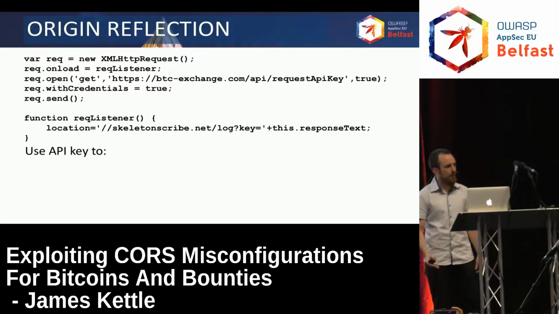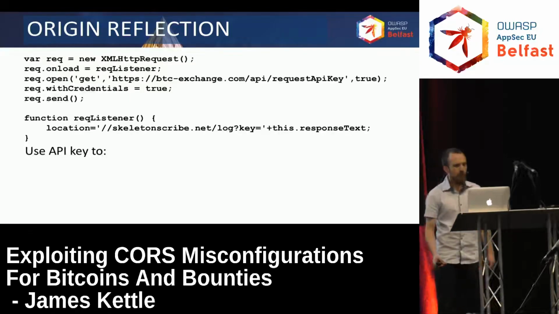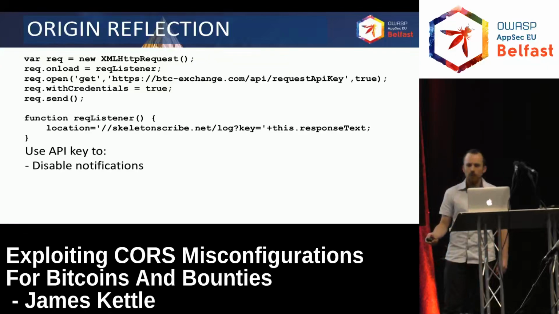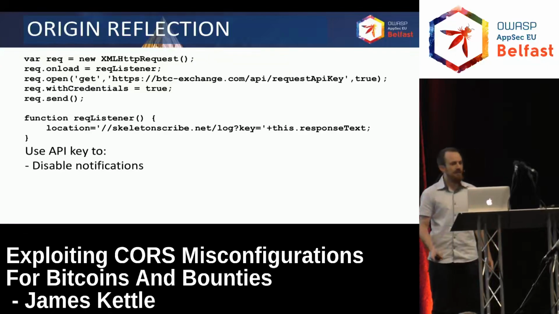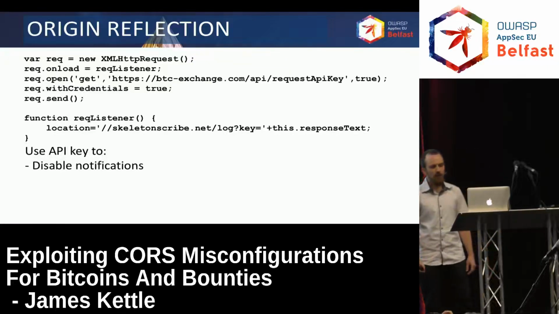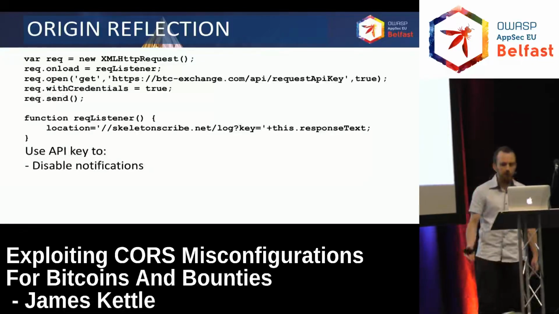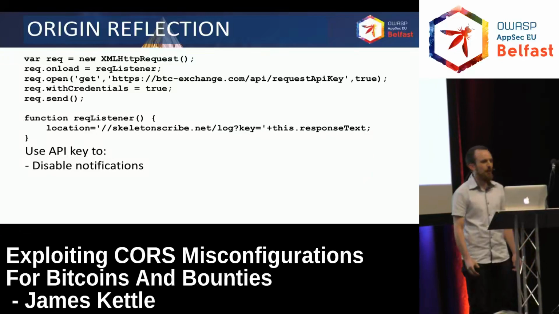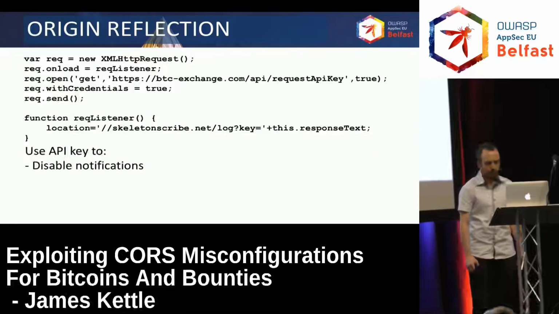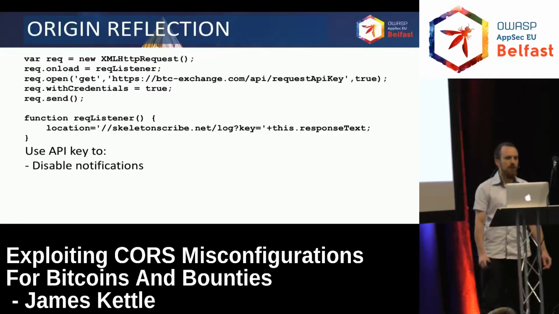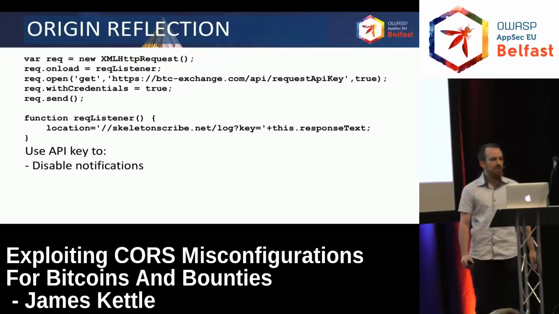And once I've got this API key, I've got quite a few options. The first thing to do would probably be to disable notifications on the user's account. As Bitcoin exchanges have a history of being hacked horribly, modern ones are very keen to show how seriously they take security. And one of the ways they do that is by generating email notifications for practically every action.